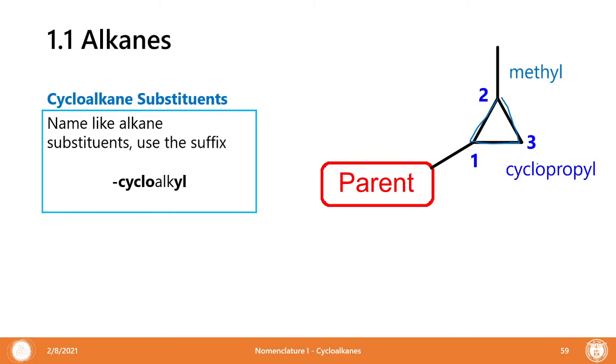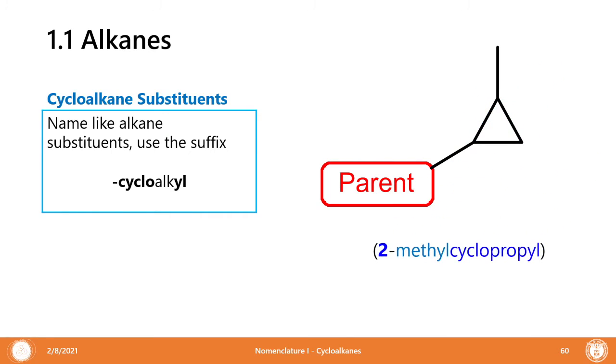Okay, and then at position 2, 1, 2, 3, at position 2, again we set 1 as the point which the parent is connected to the substituent. 1, 2, at position 2 we have a methyl group. Okay, and so our substituent, this is a complex substituent, is 2-methylcyclopropyl enclosed in parentheses. Okay, so that's for our cycloalkane substituents.